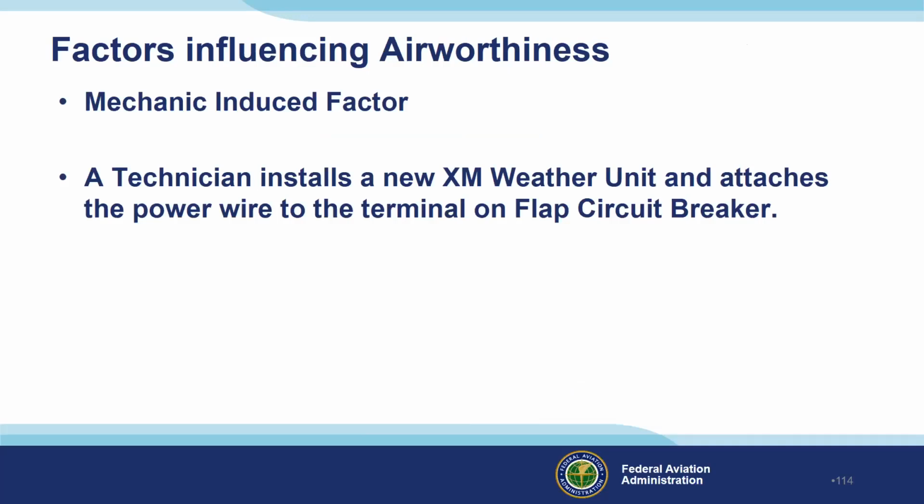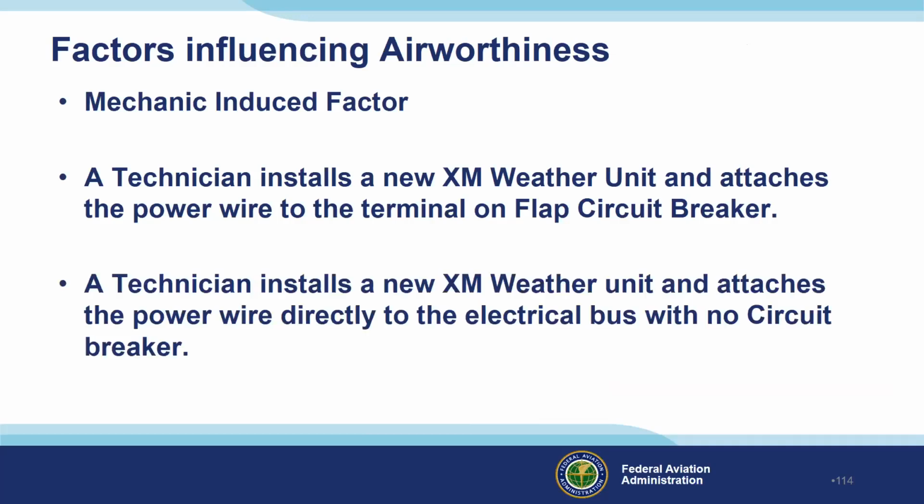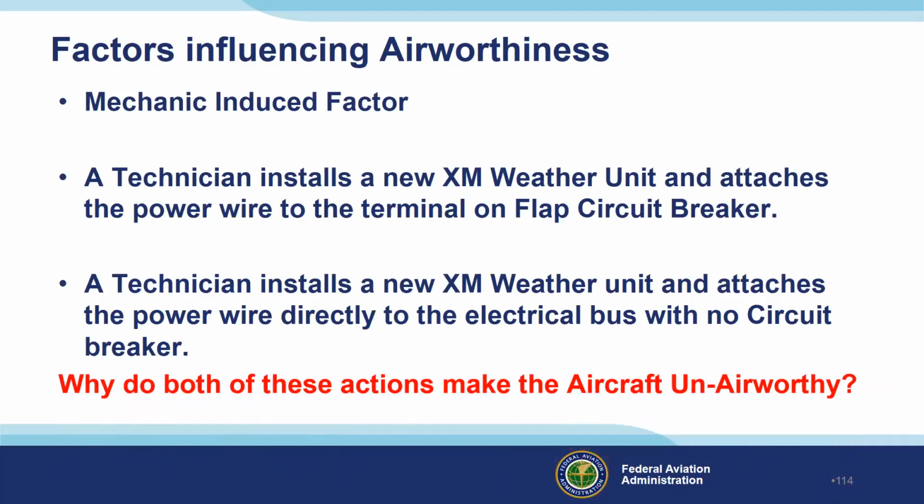Oh, here's an example. Technician installs a new XM weather unit, attaches the power wire to the terminal on the flap circuit breaker. Or instead, he just attaches the wire directly to the electrical bus with no circuit breaker. Now, why do both of these actions make this aircraft unairworthy?